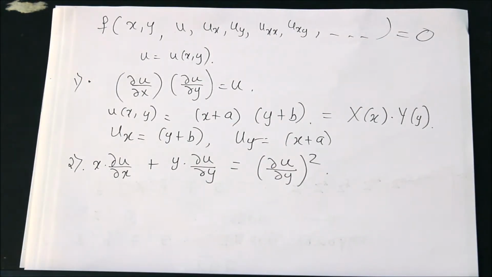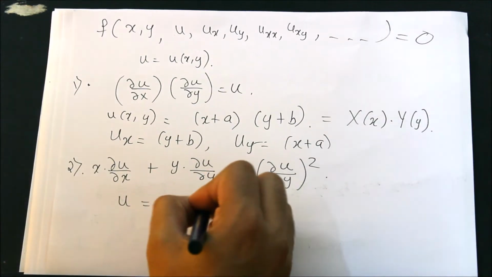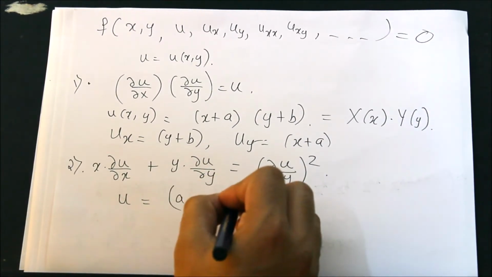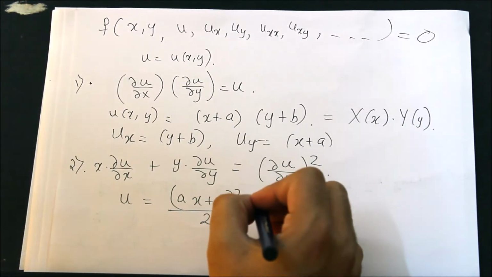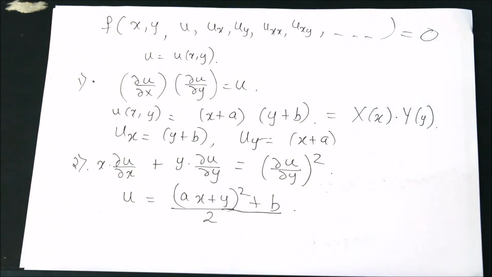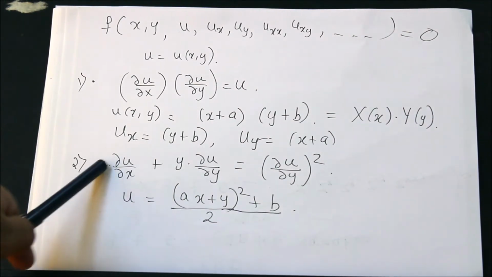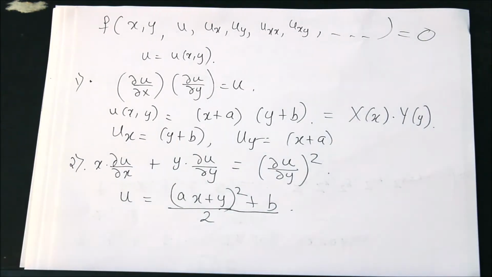One can see that if I take u equal to (ax plus y) whole squared upon 2 plus b, where a and b are constants, it satisfies this differential equation and therefore u is a solution.